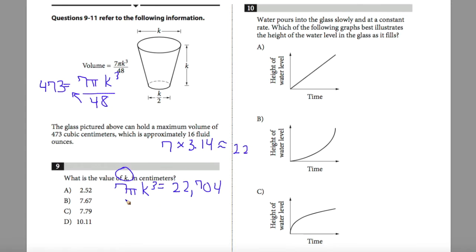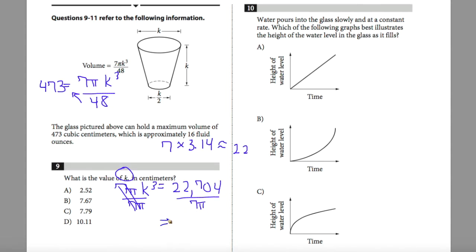And the reason I'm doing that is because if I were to divide by the 7 pi, knowing that 7 times 3.14 equals about 22, well, now what I'm able to do is just 22,704 divided by 22 approximately.